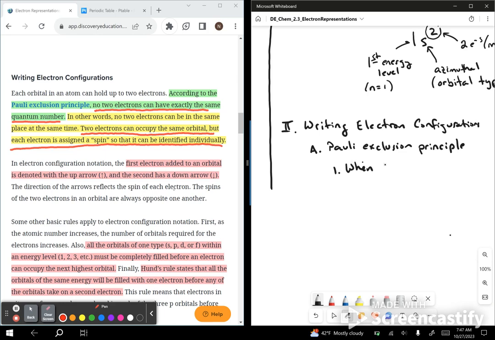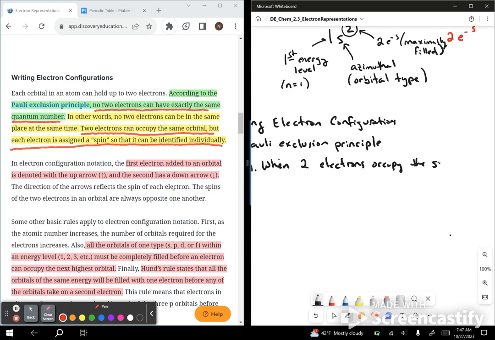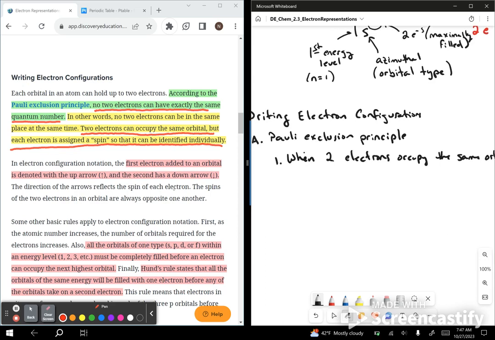When 2 electrons occupy the same orbital, we denote them with opposite spin arrows.